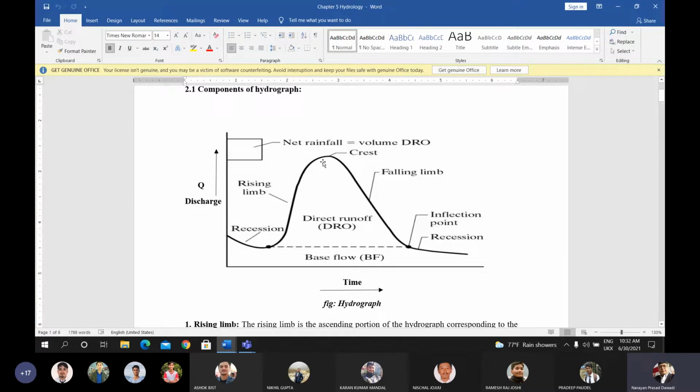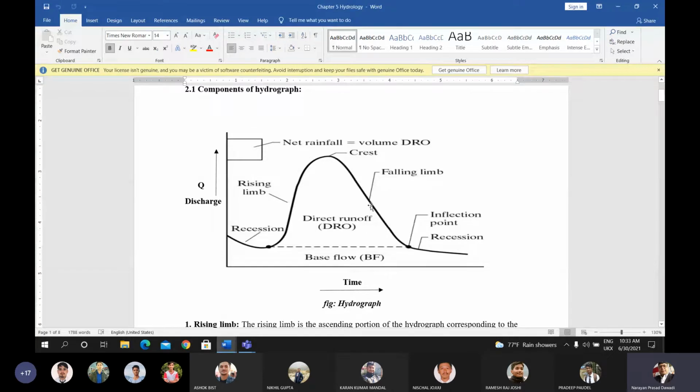After the stopping of the rainfall, the contribution of water entering the river will be low, and hence the discharge of the flow in the river is also low, and the discharge will decrease up to the point of inflection.